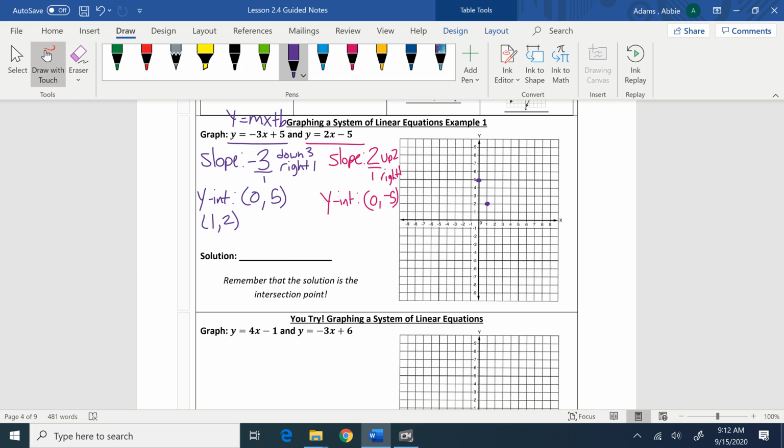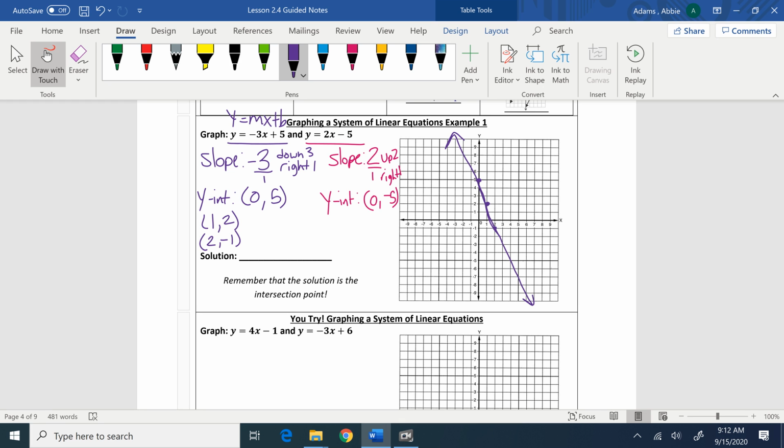For a third point, I could go down 3 again, to the right 1. So I'd have a point at (2, negative 1). I'm going to graph that line. Try to be as precise as possible.